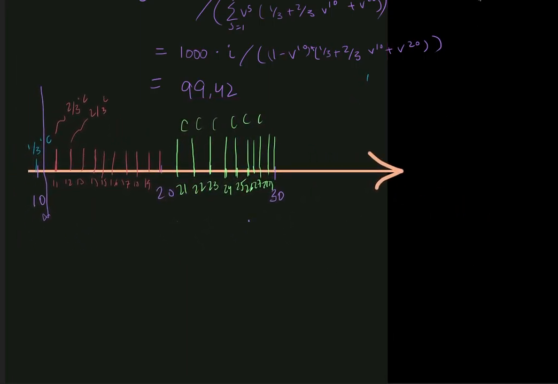Because we've already done the whole count and discount thing, let's try to do this using some more actuarial notation.